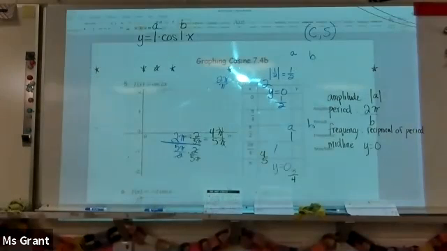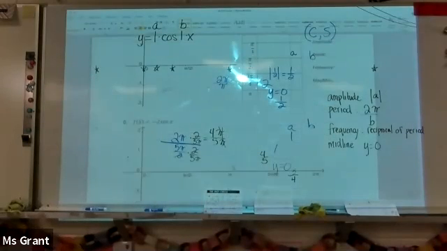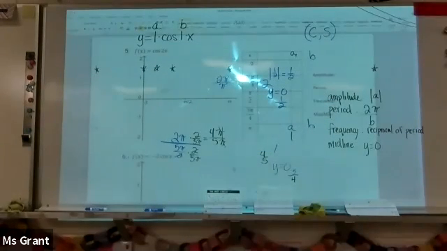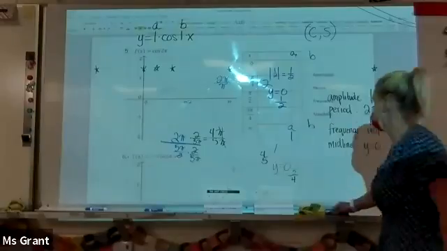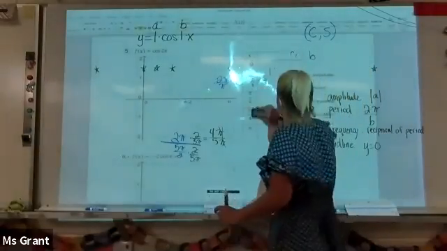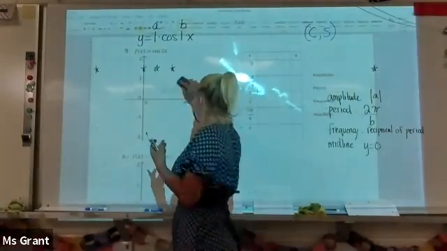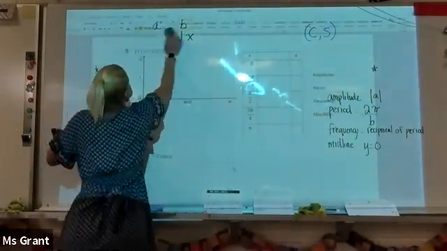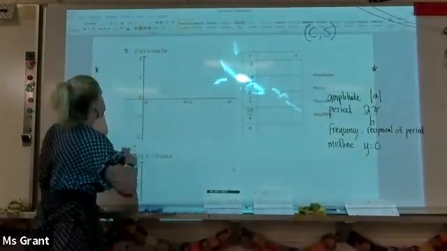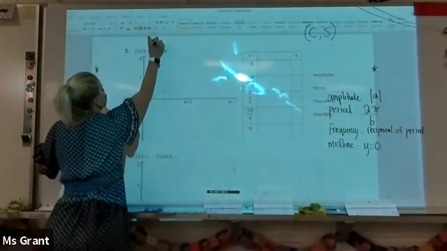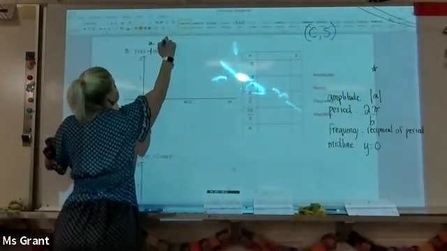Homework looks like this. Okay. 5, 6, 7, 8. Now, I have filled in all of the x values for you. So, at number 5, my 1 is A. My B is 2.